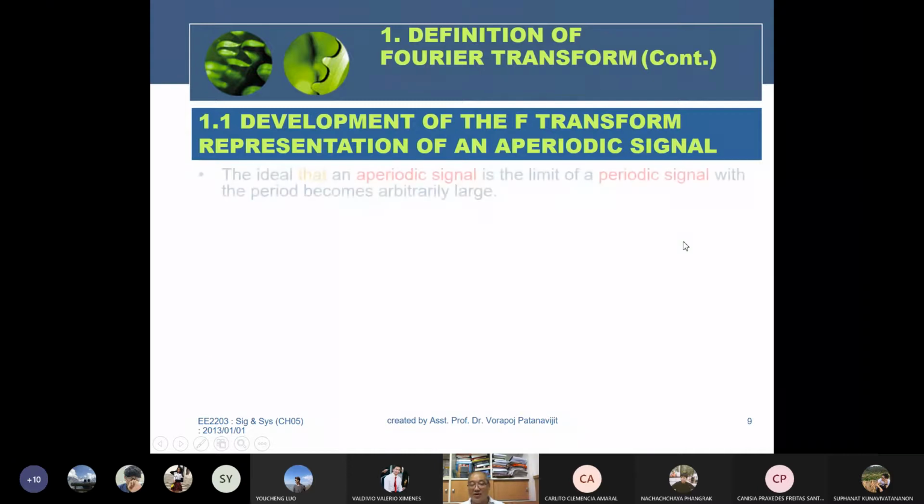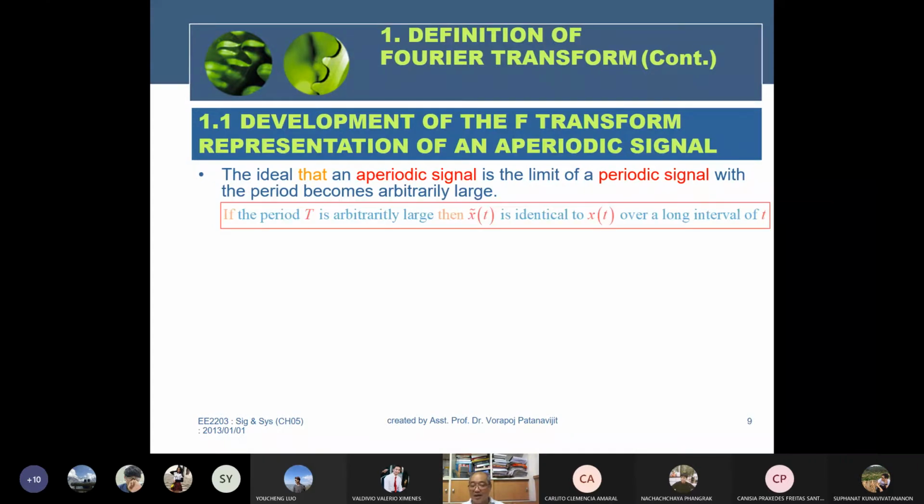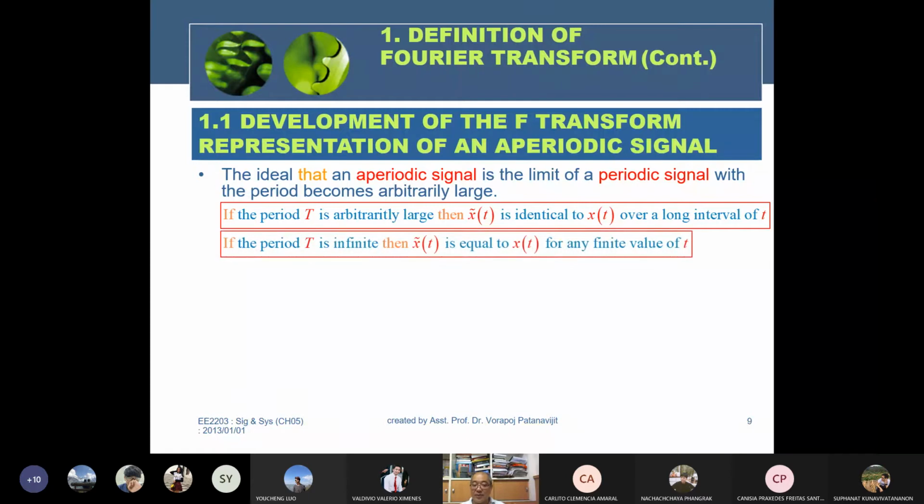Now think about this idea: an aperiodic signal is the limit of a periodic signal with the period becoming arbitrarily large. If the period T is arbitrarily large, then x tilde(t) is identical to x(t) over a long interval of t. If the period T is infinite instead, then x tilde(t) is definitely equal to x(t) for any finite value of t.